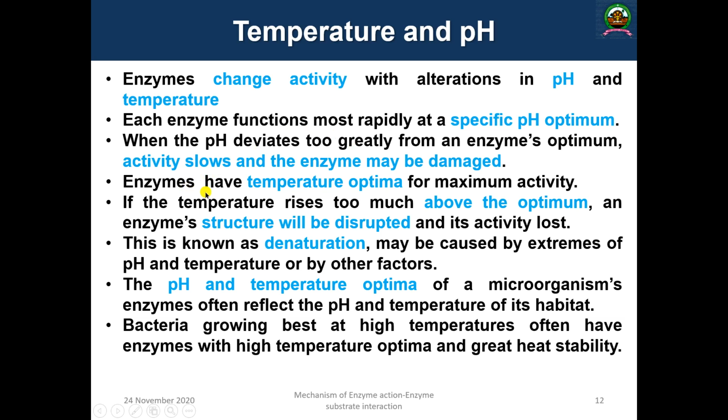Similarly for temperature, enzymes have a temperature optimum for maximum activity. If the temperature rises too much above the optimum, the enzyme structure will be disturbed and its activity will be lost. You know that proteins get denatured, and it will lose activity.